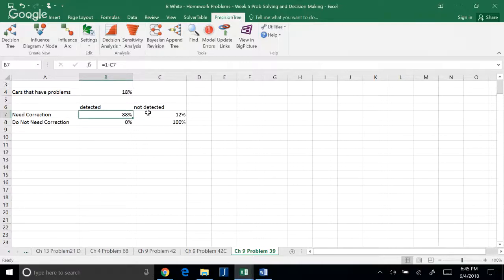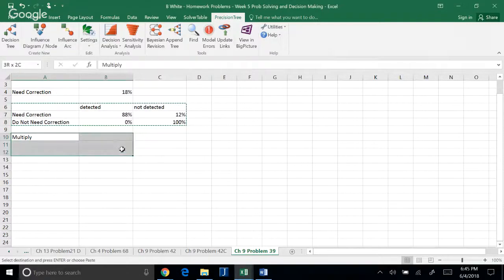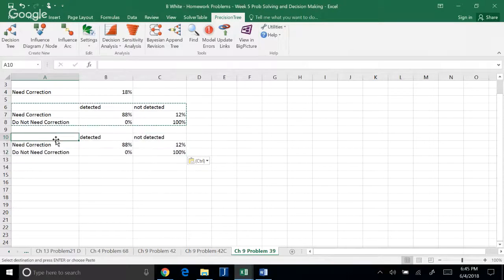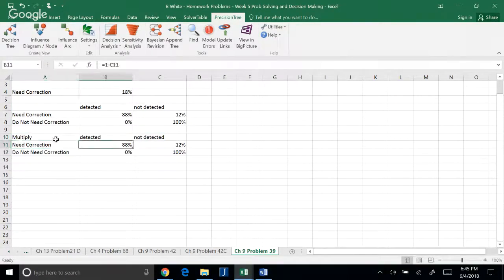So then, of course, I'm going to change this so that the labeling is consistent. So then what you would do for your multiply, I will get you through that much. Here is, it needs correction, you multiply that by the 18%. Okay. And then you multiply this one by the inverse.